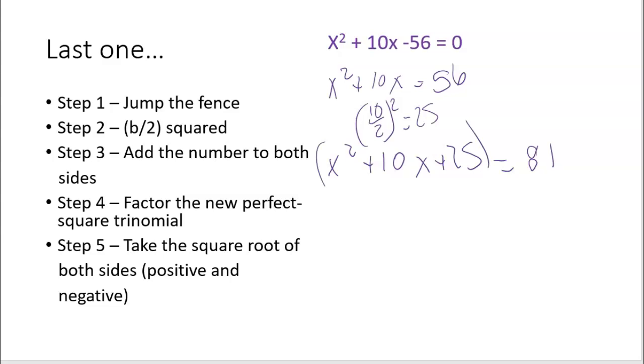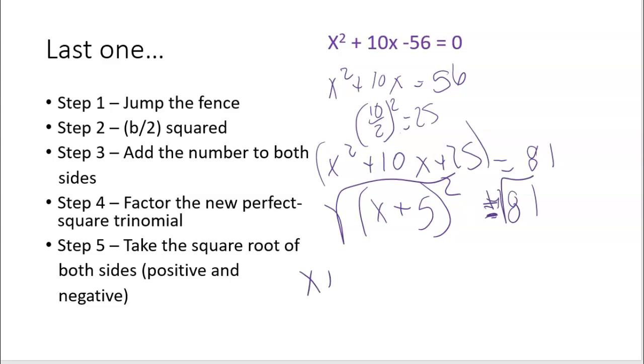And now I'm going to factor this out, and it's going to factor into x plus, what do we get here? We had a 5, right? x plus 5 squared equals 81. Excuse me. And now we're going to take the square root, and it's positive and negative square root.